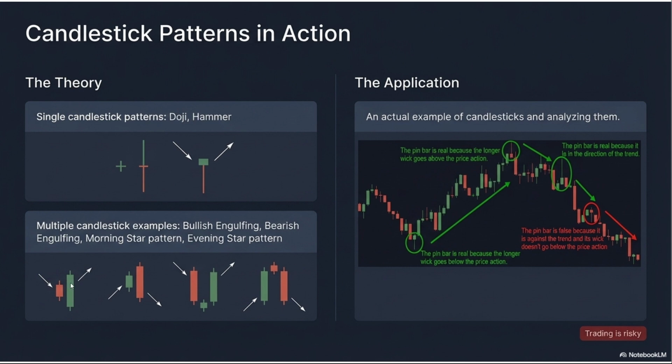Then the buyers took control of the market, and this candle showed. So I have an engulfing that indicates the price might go up. This is a first confirmation. Before entering the trade, we need to take multiple confirmations before opening any trade.